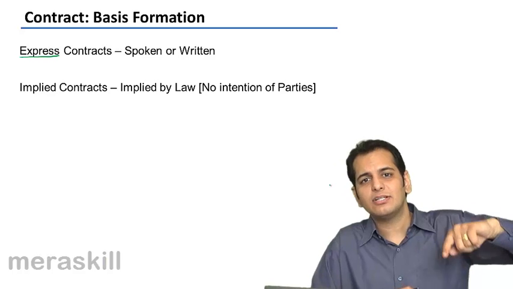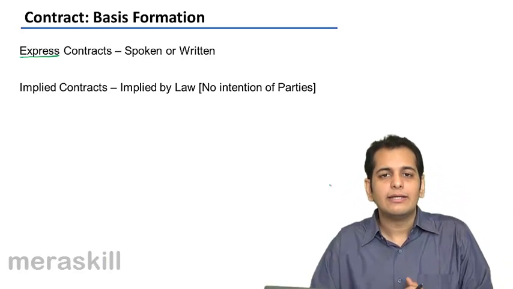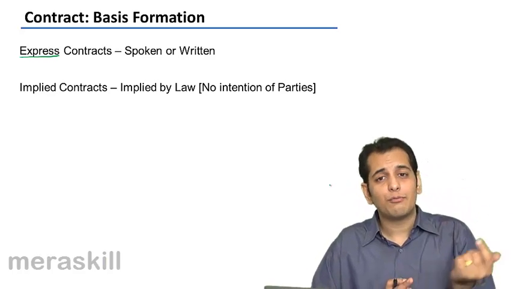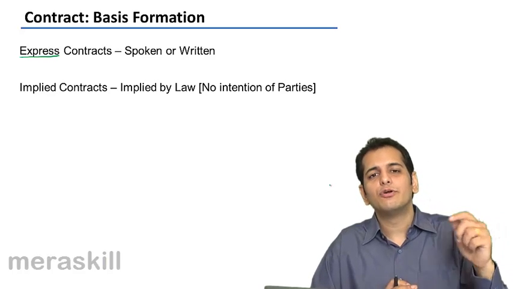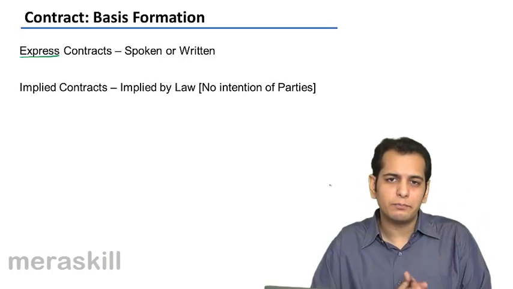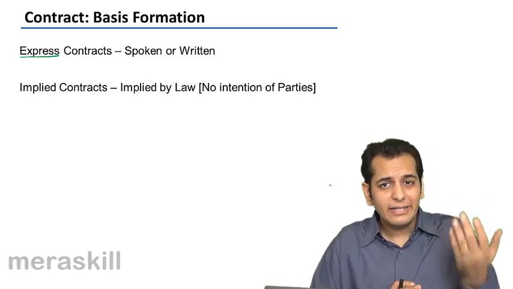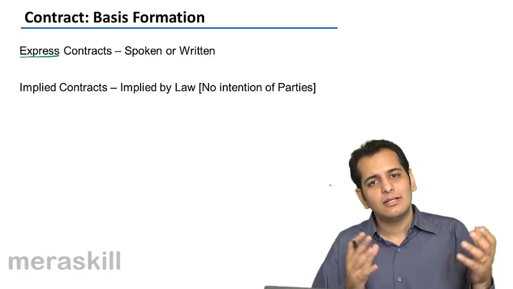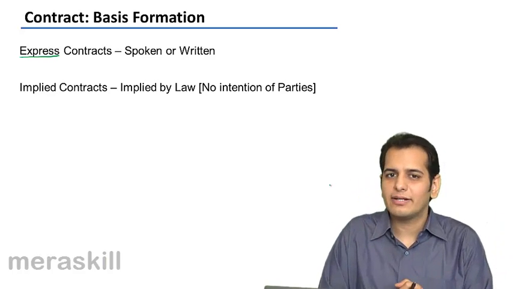Again, when the passenger is going and sitting in the rickshaw, he is implying by his conduct that whatever would be the fare, he would pay it. Nobody speaks, nobody needs to speak, nobody needs to give anything in writing, but still you have these contracts taking place.